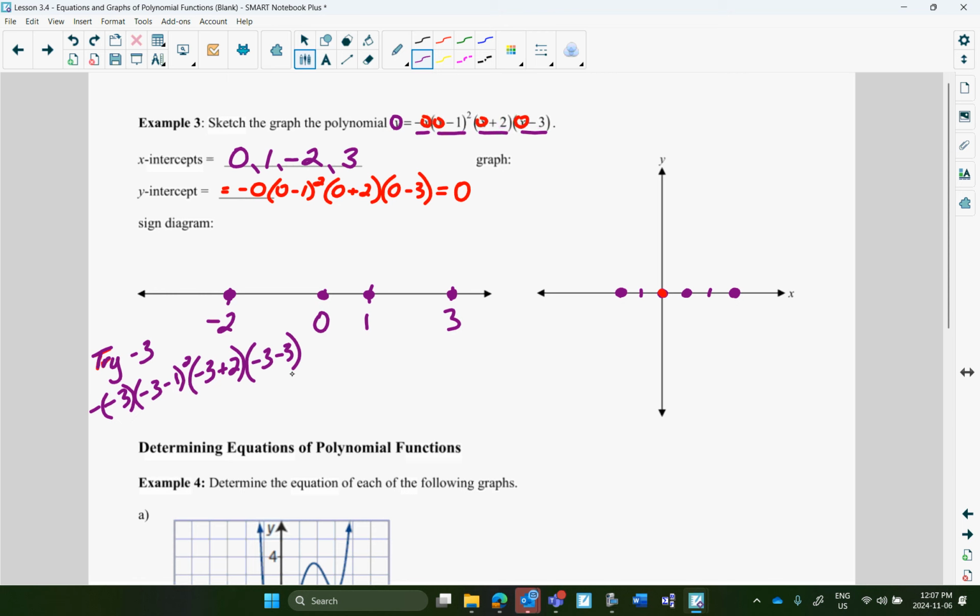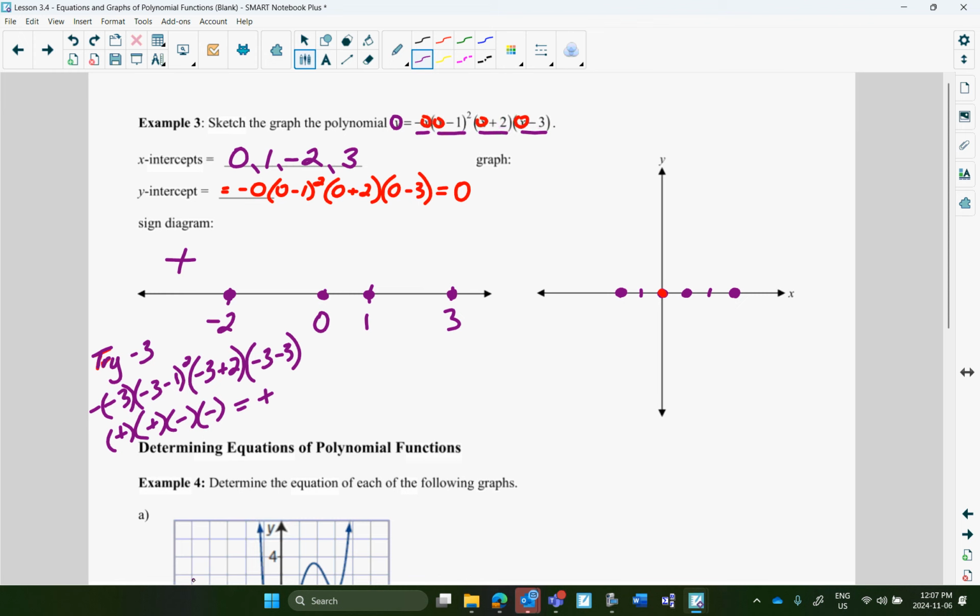What does this become? Positive. That's positive there. What is this? Positive, because as soon as I square this and this, a positive times a positive times a negative is positive. So that means here it's up.